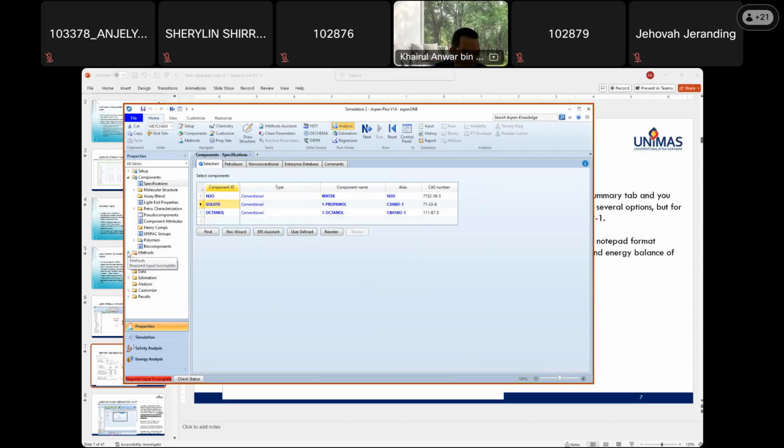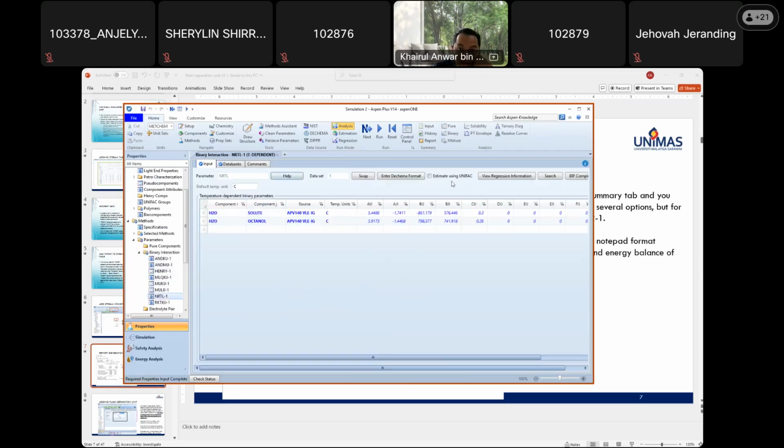This is based on NRTL. Here, binary parameters. Next is define new property set, exclusion element as alcohol.